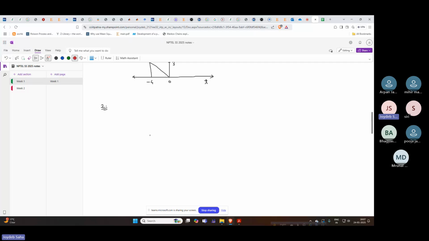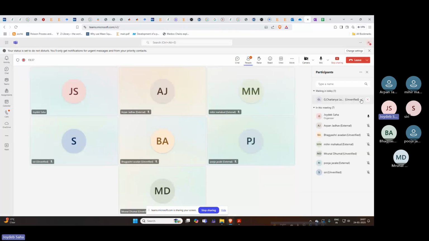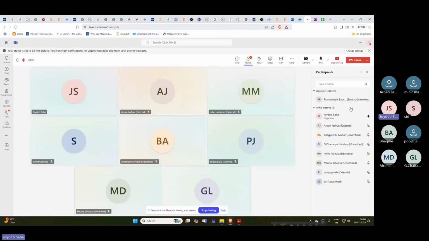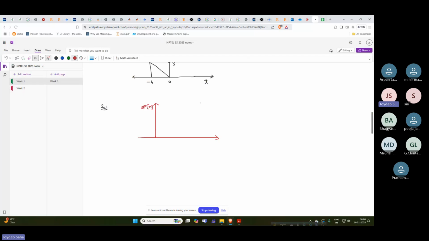Let us draw in a different color. Okay, x(n) is given like this.